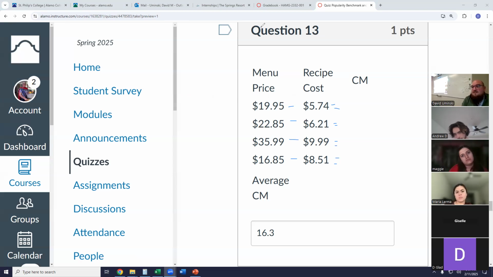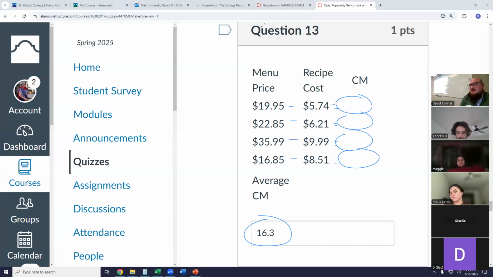You could do that. However, if you did that, our average is 1630, so yeah, that would be our average. But how would you know if the individual items are higher or lower than the average? Does that make sense? So in this particular problem, you can do that.